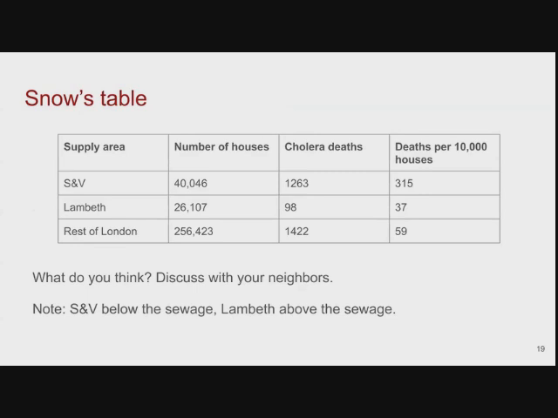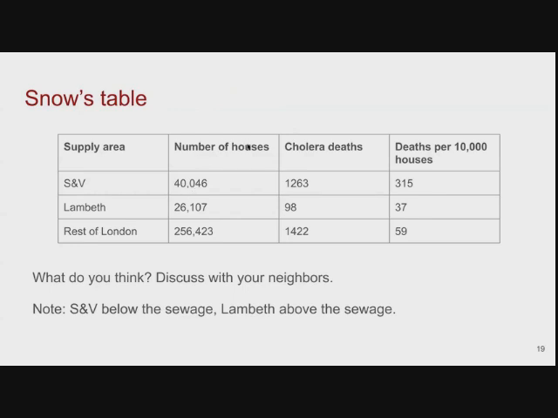Okay, so actually, I have a table here based on what John Snow had done back then. The supply area is shown in the first column, and we are comparing the first water company, SMB, the second, Lambeth, and the third, rest of London, which we're just going to show you for comparison.